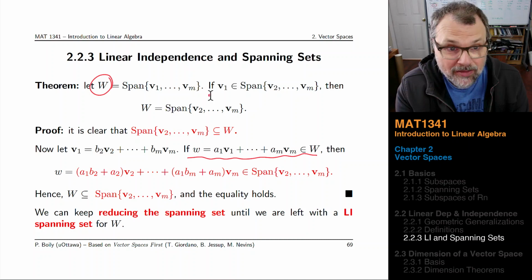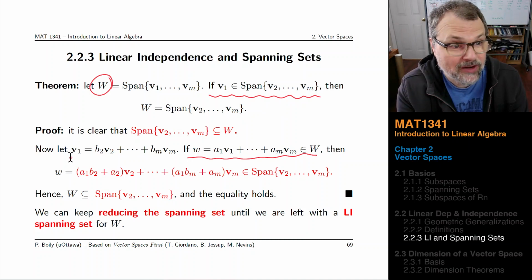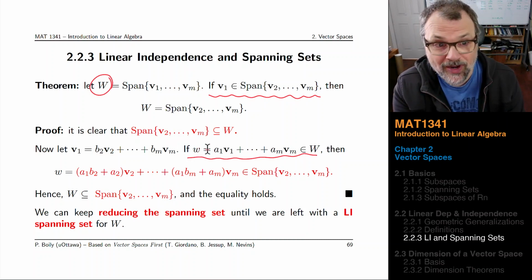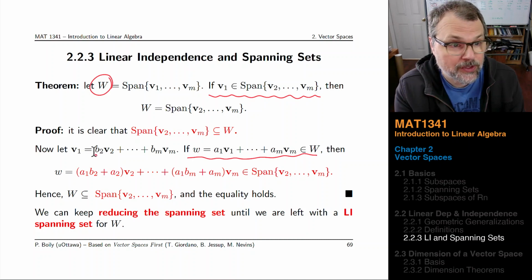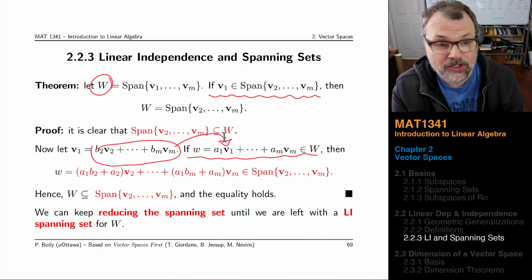Now, by hypothesis, what we've supposed here is that v1 is in the span of v2 to vm. So we can write v1 as a linear combination of the remaining vectors. What does that tell us about W? Well, let's rewrite W properly, taking into account the fact that v1 can be written this way. So we're going to substitute this expression for v1 in the expression for little w.